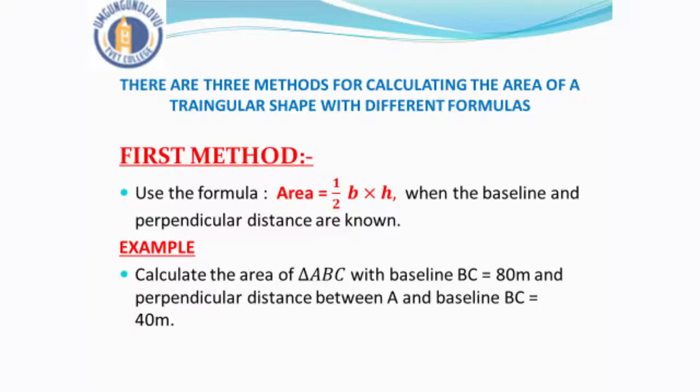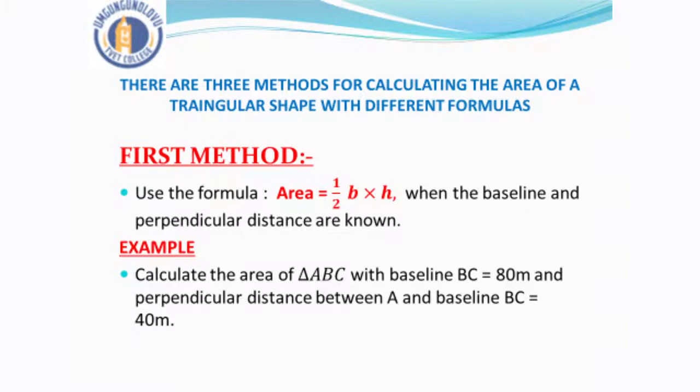There are 3 methods for calculating the area of the triangular shape with different formulas. Whereas when calculating the area of the square, we've got 1 formula, and for the trapezium or parallelogram, we've got 1 formula. But for the triangle, we've got 3 different formulas.